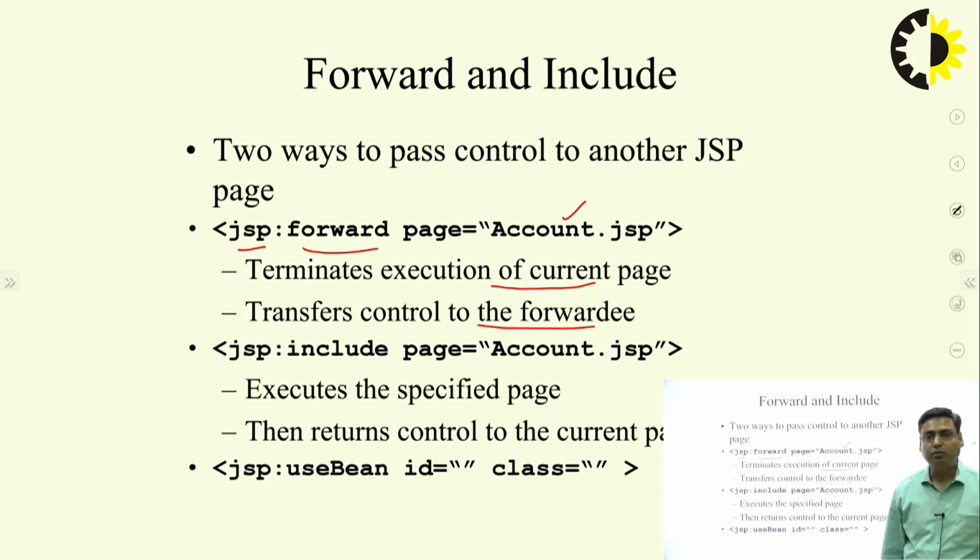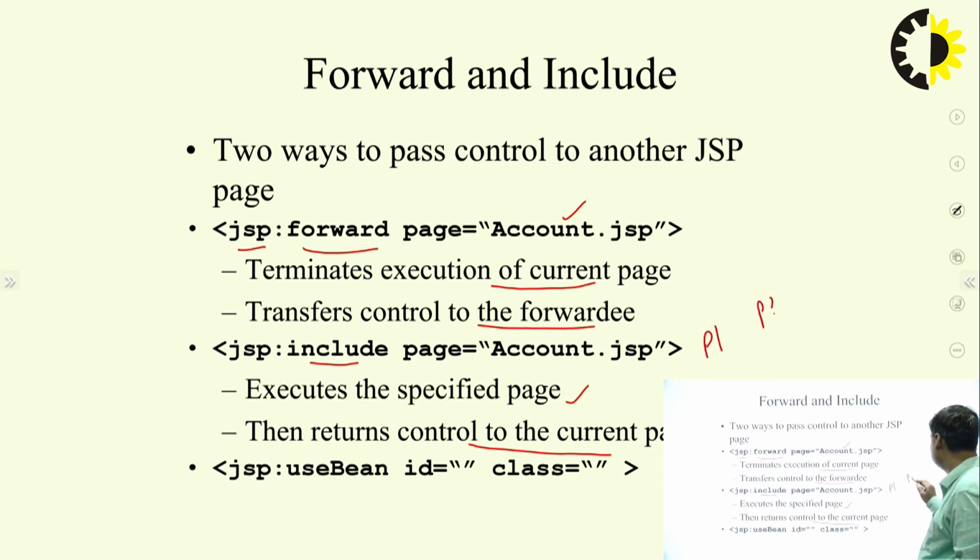Now there is one more JSP action, include. In this include, something changes. We execute the specified page, then return control to the current page. So suppose there is a page 1 and page 2.